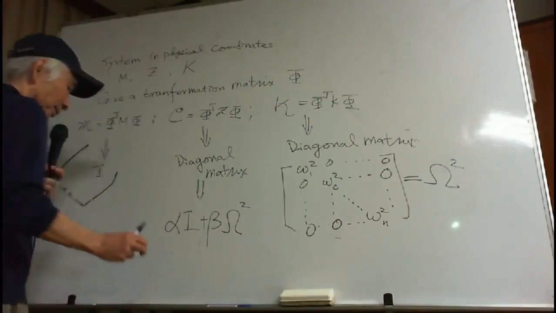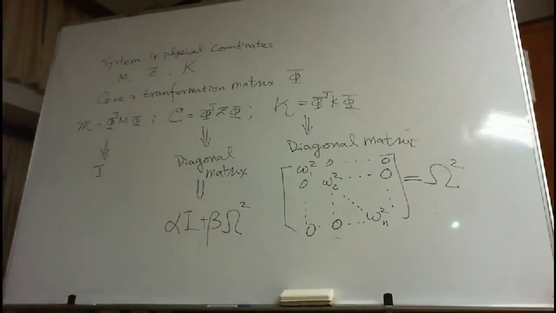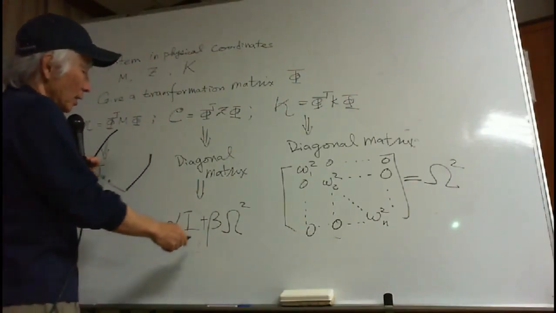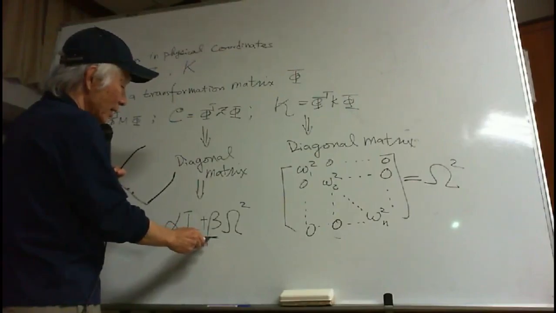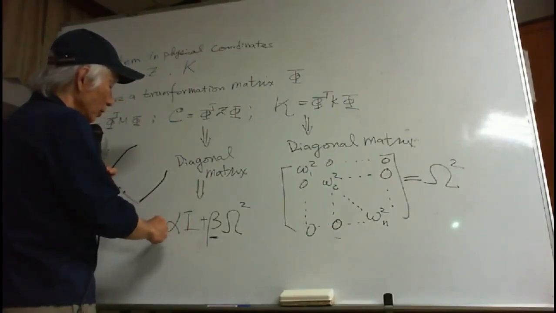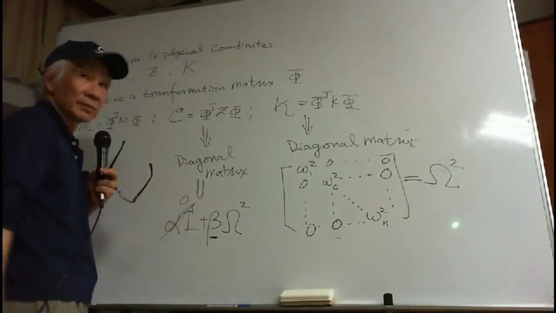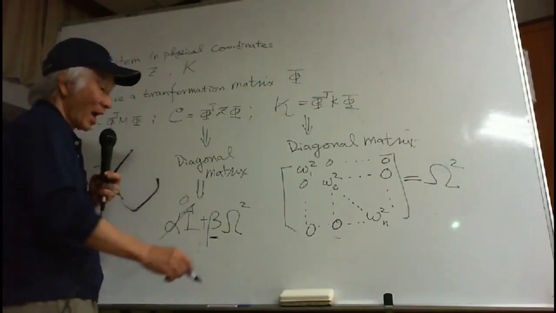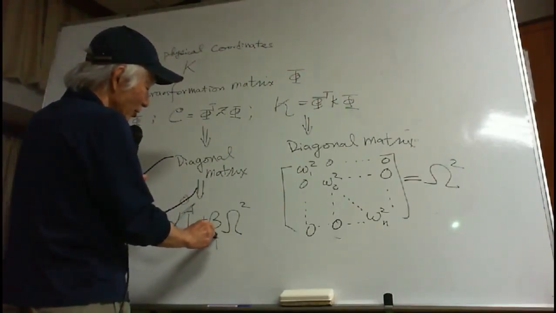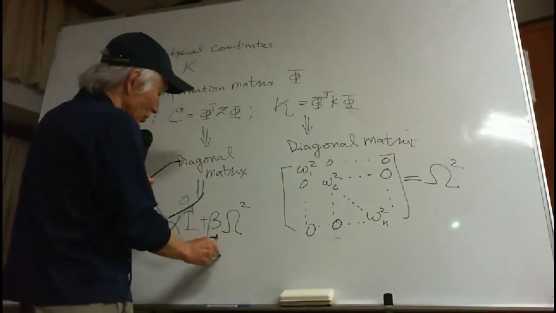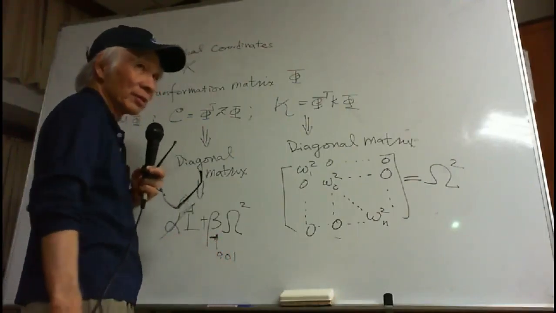Any questions? So how would you select these constants, alpha and beta? Oh, good question. Normally we let alpha be 0. Normally we set beta to be, if 1%, that means 0.01, for example.